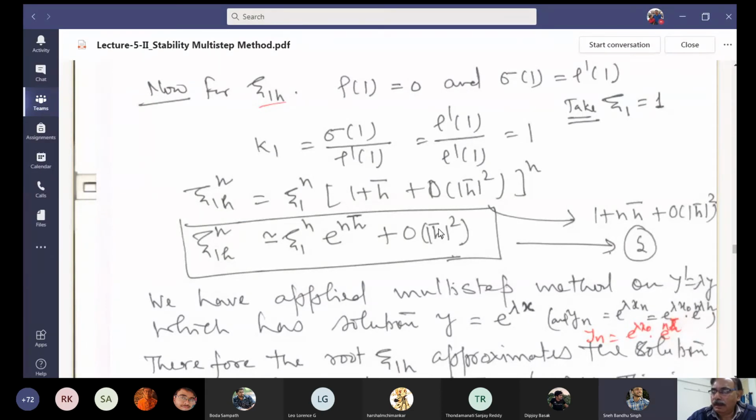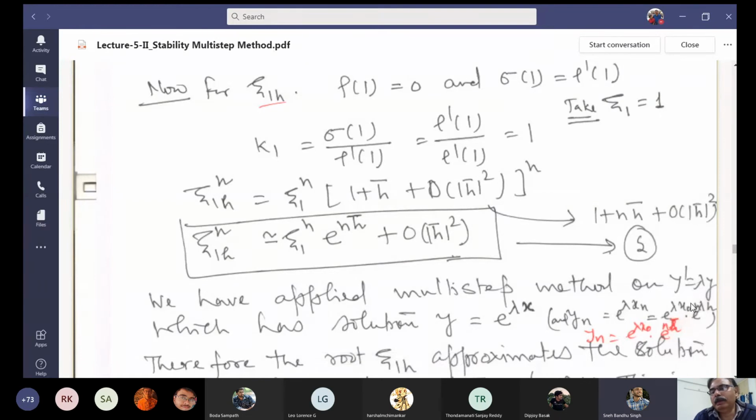x_n is your x_0 plus n times h. So this we can write as e to power lambda x_0 into e to power n times lambda h. I have just separated out x_0 plus nh.